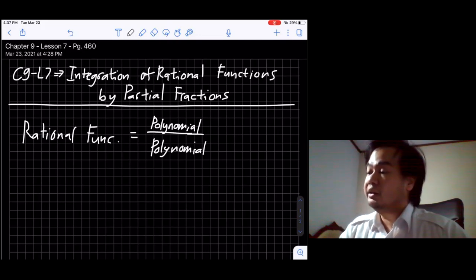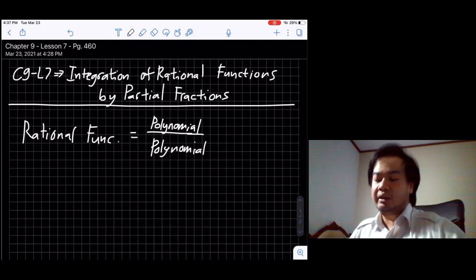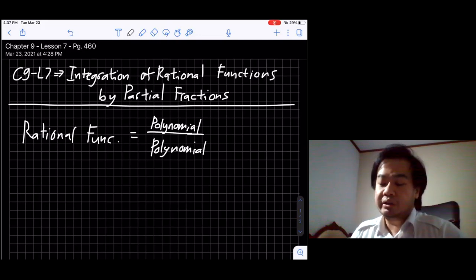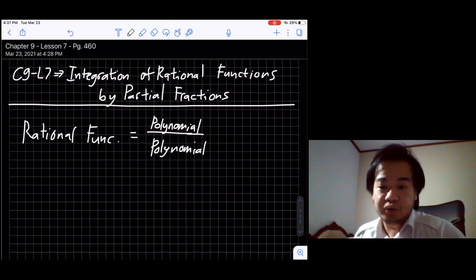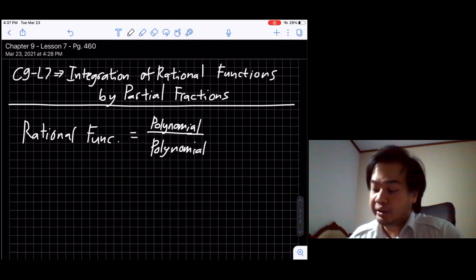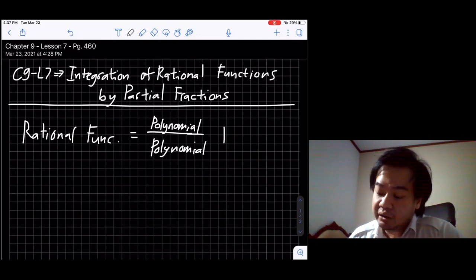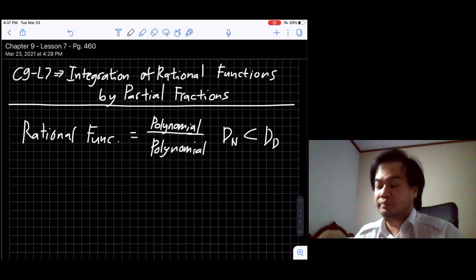Now let's take an example. The first thing that you need to check to use this method is to make sure that the degree of your numerator must be less than the degree of your denominator, the degree of the polynomial.